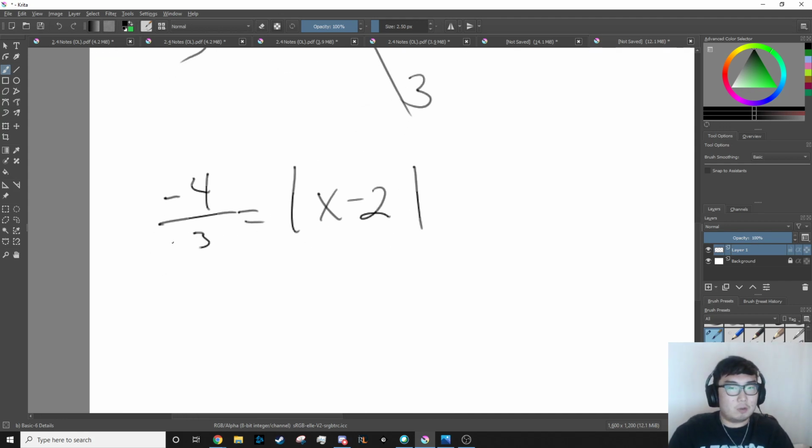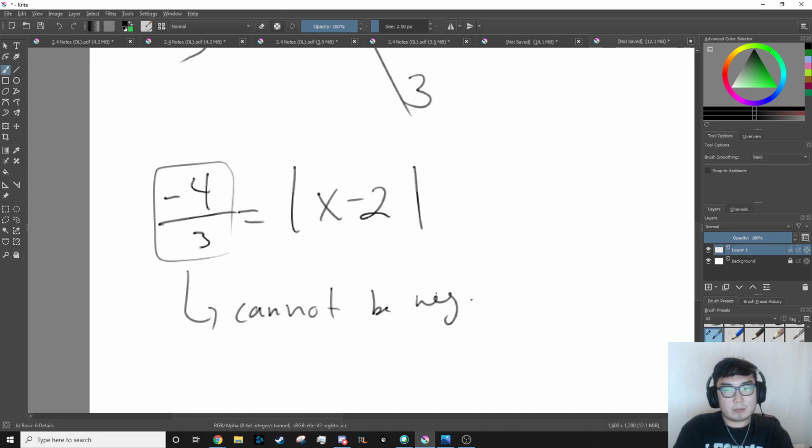But what's wrong with this problem right here? Let me give you some time to think about that. What is wrong with this problem? What's wrong is that this is a negative. This cannot be negative, because nothing I can put inside here will make this negative.